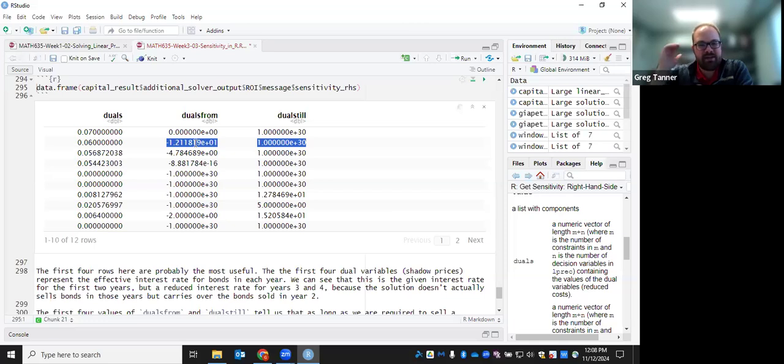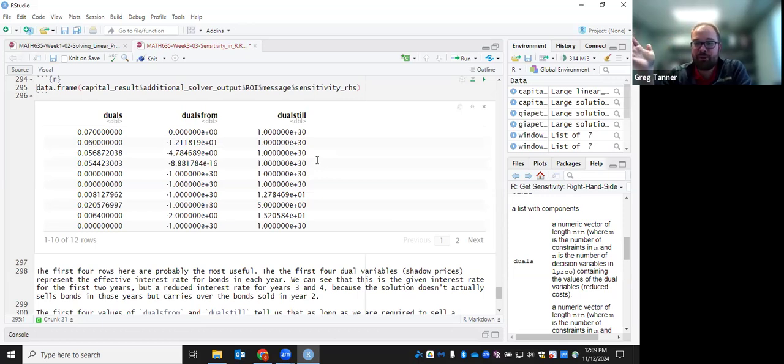We're still going to follow the same strategy, and the same thing for year 3 and year 4. So we'll see that our strategy doesn't depend on the capital requirements at all in this case.